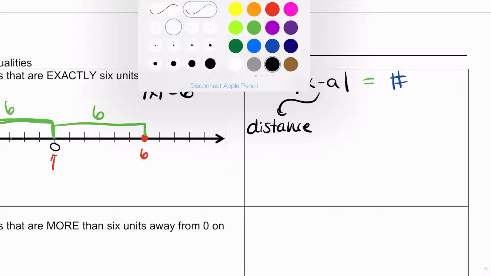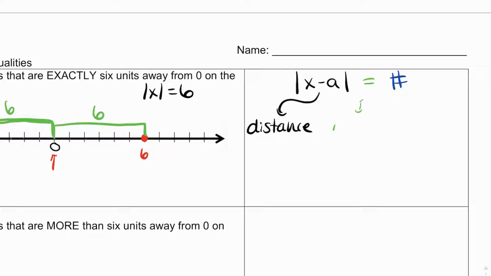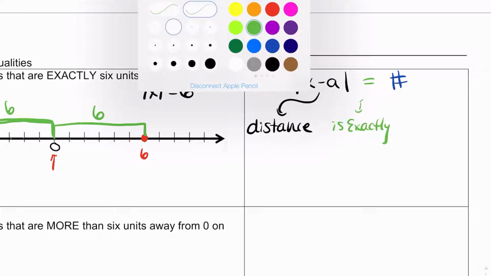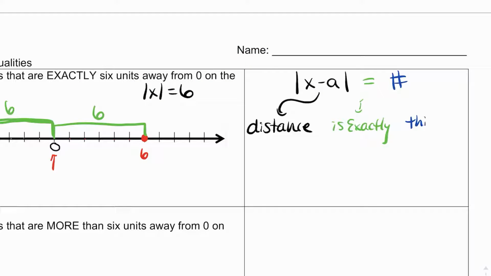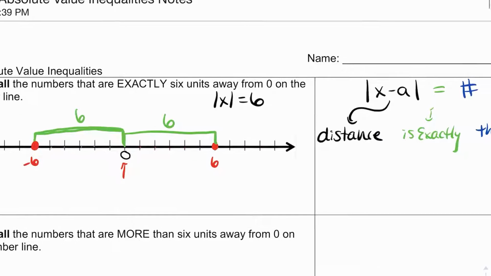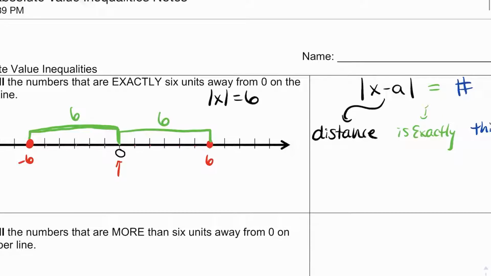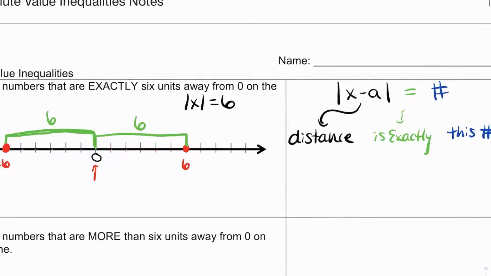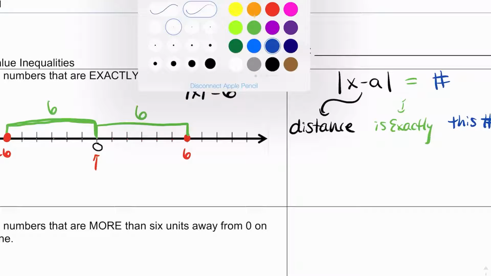And then the equal sign means is exactly. And then whatever that number is doesn't really matter. Like in the example over here, it was 6. Maybe I could change that to 12 or 15 or 22. So when I see an equal, I know that we're looking for an exact distance.